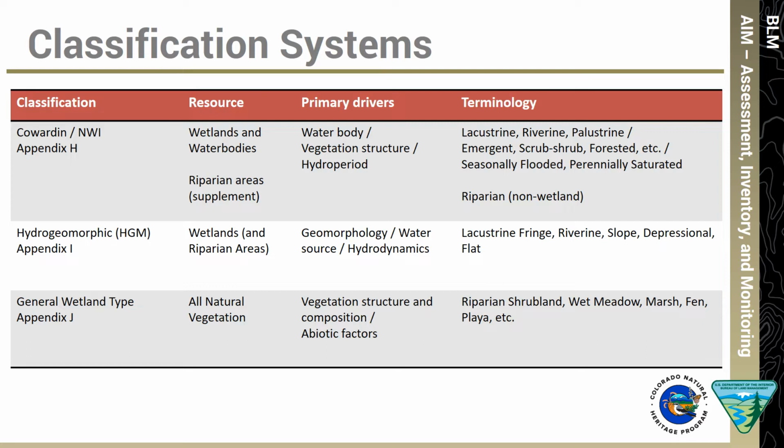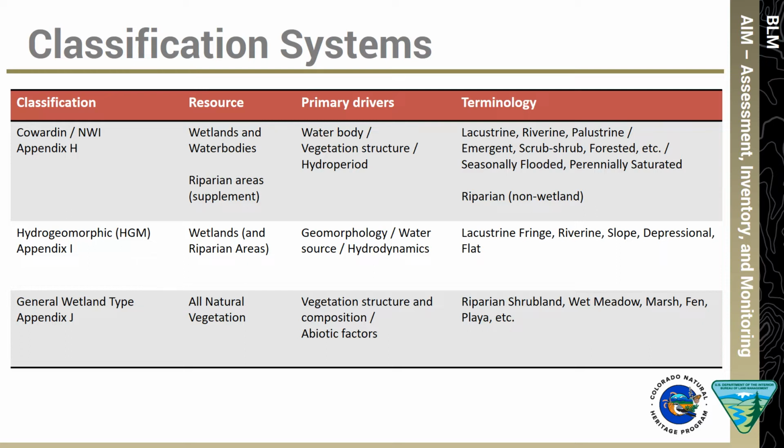This table compares the three classification systems, including the resource the system was developed for, the primary drivers that differentiate classes within the system, and some example terminology. The Cowardin classification was developed in the 1970s by the U.S. Fish and Wildlife Service for the National Wetland Inventory Program, which maps all wetlands and deepwater habitats in the United States. As such, the resources the system was developed for include all wetlands and water bodies like lakes and rivers.